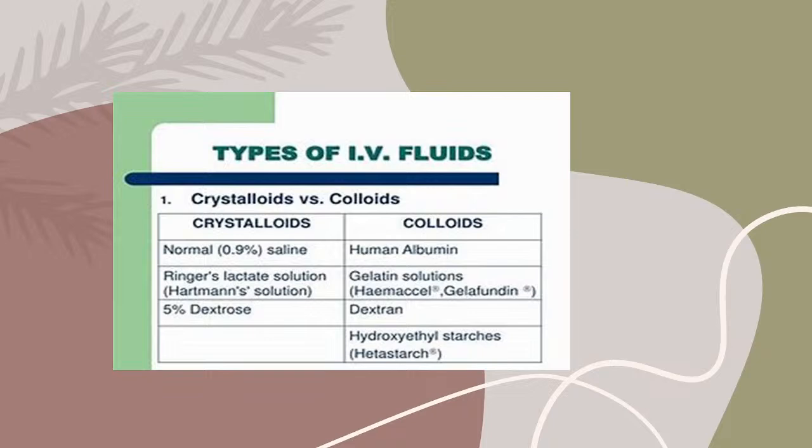These are very rarely used in clinical setup. Then dextran is also not used these days, and then hydroxyethyl starches, that is hetastarch, are also not much used these days. Mainly crystalloid solutions are being used.